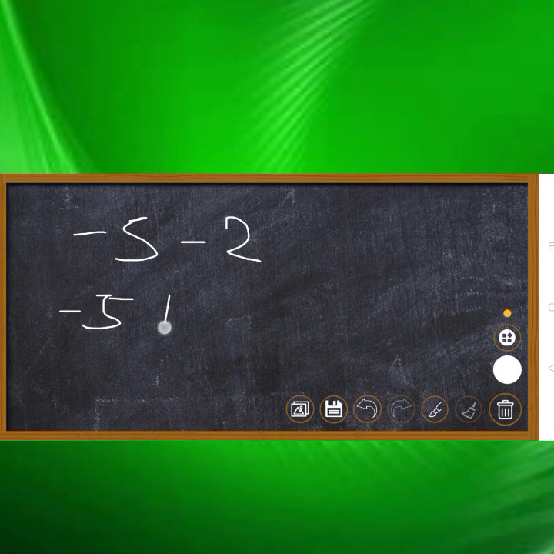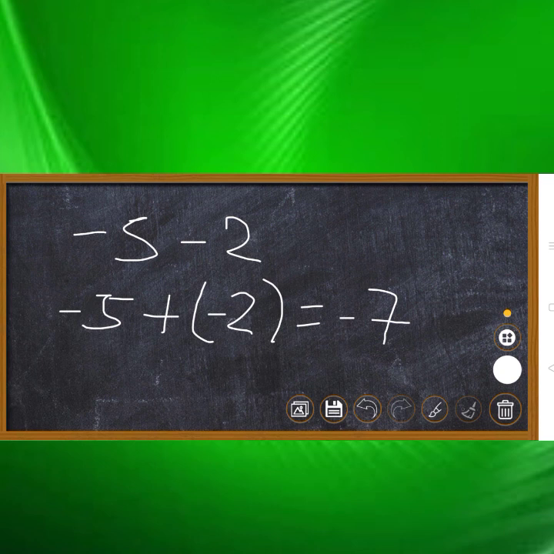Change the sign into positive and change the subtrahend, positive 2, into negative 2. So, proceed to addition. As you see, they are the same sign. They are both negative. So, just add the absolute values and copy their common sign. So, negative 5 plus negative 2 equals negative 7.